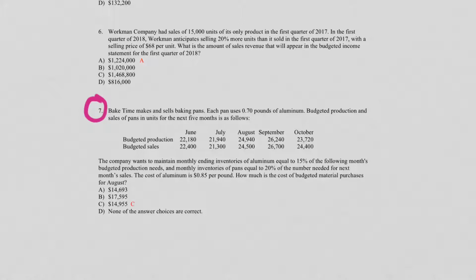First of all, the best thing to do is just get in gear what the formula is for this kind of problem. We're going to be trying to figure out how much we have to buy for the production of a particular month, and the way that formula worked, if you recall, is we start off with what we need to produce, how much we need.